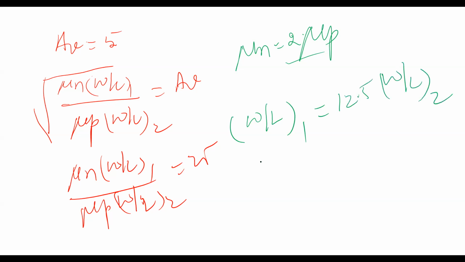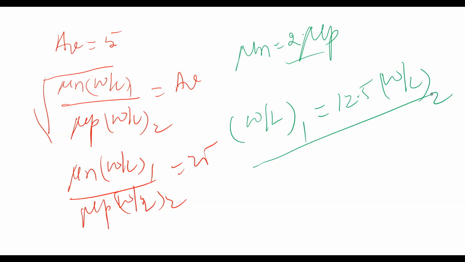From this equation, which device is stronger, which device is weak? Device strong అంటే ఏంటి? W by L values ఎక్కువ ఉండాలి. Device weak అంటే W by L value తక్కువ ఉండాలి. W by L of 1 is equal to 12.5 times the W by L of the second device.